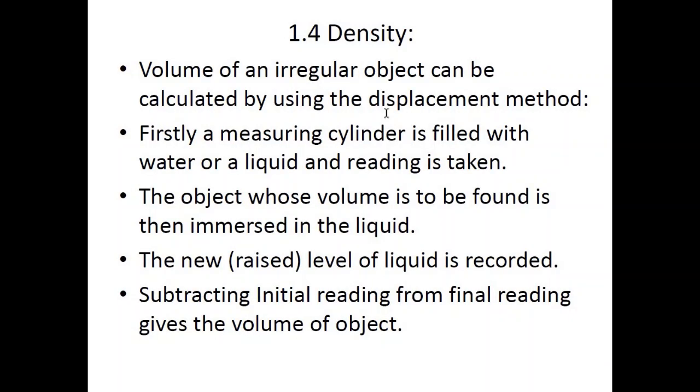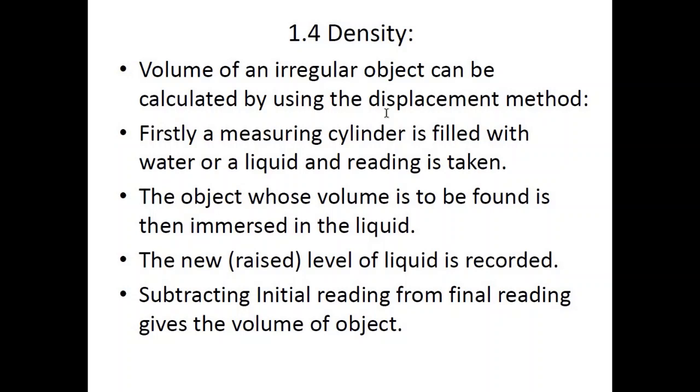Volume of an irregular object can be calculated by using the displacement method, and for doing that we fill a measuring cylinder with water or any other liquid and take its reading. This is known as the initial reading. Then the object whose volume is to be found is placed inside that measuring cylinder or is immersed in that liquid.